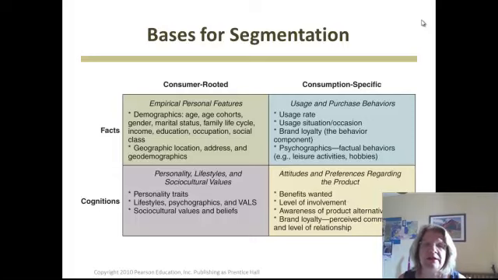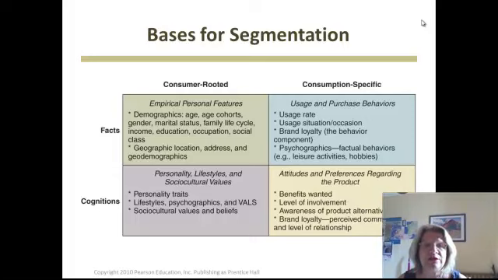And then consumption-based facts such as usage rates, usage situation, where the product or service is used, how often, how important is brand loyalty, and psychographics, factual behaviors related to leisure activities and hobbies.